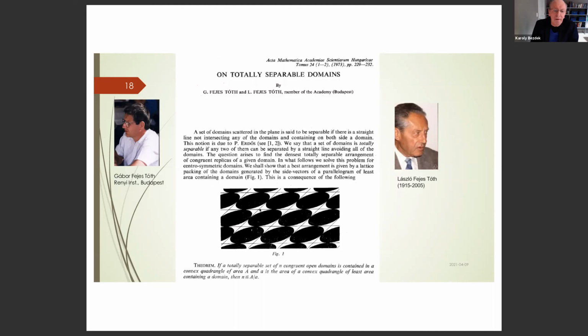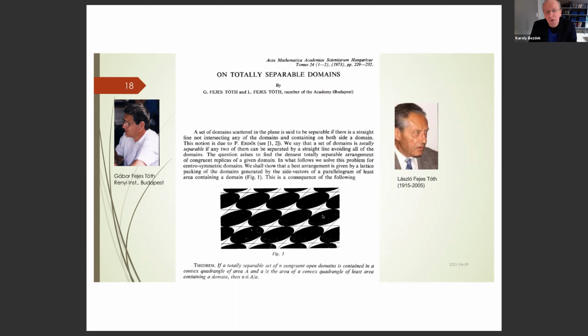And then if we extend the size of the parallelogram to a side-by-side tiling of the plane, then the inscribed ovals form the densest totally separable packing. This is a very nice 2-dimensional result. Now, of course, we are interested in contact graphs of totally separable packings, and we want to find the largest contact number of n translates in totally separable packings.